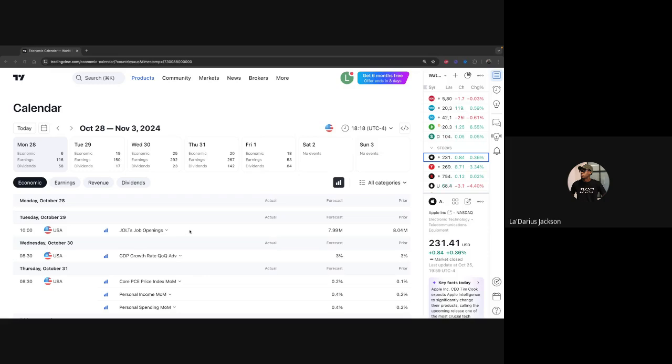So Wednesday we do have the GDP growth rate quarter over quarter, which again is just fuel to the fire for whether the market is going to be moving up or down. Again, I'm extremely bullish right now. Even with the election coming up really soon, regardless of who wins, I still think the market is going to move up.